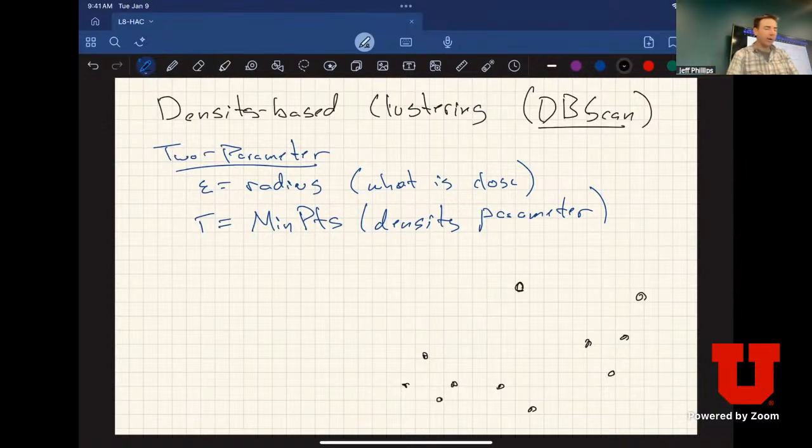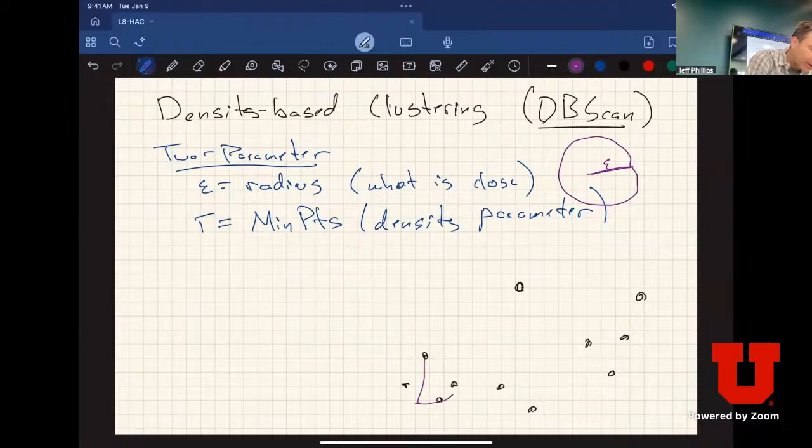So I'm going to start with a radius. This radius will define epsilon, a ball. I'm going to think of drawing a ball around every point here, and I'm going to do this for each point. I'm going to look at a ball around every point and ask how many other points are inside this ball.